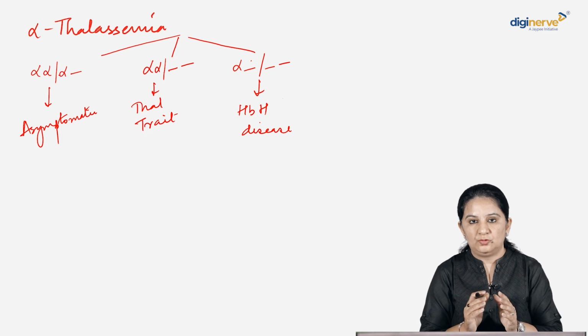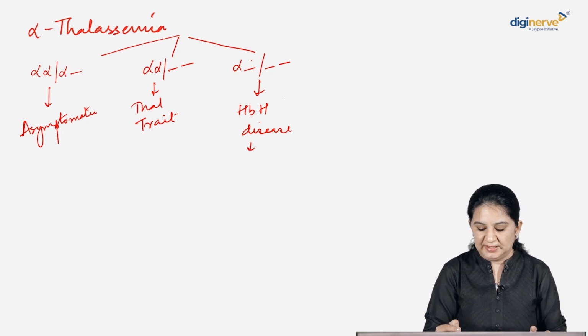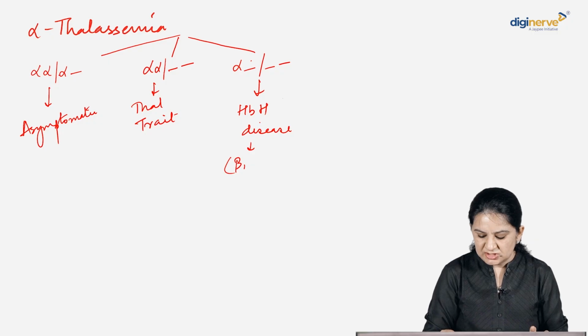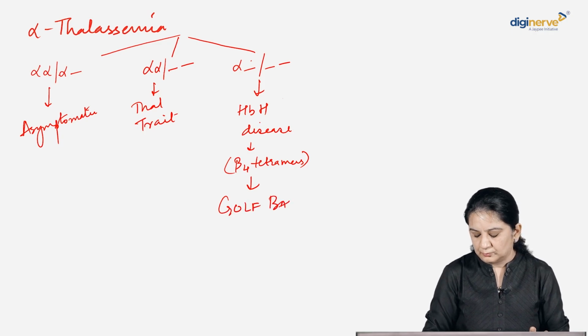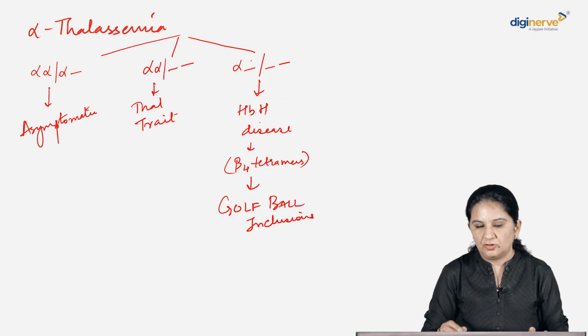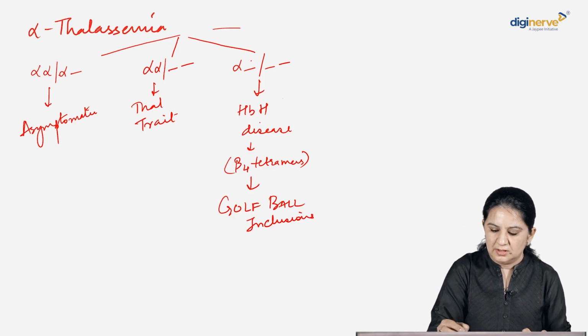That means there will be almost no alpha chains, so there would be excess of beta chains. HbH disease because of beta 4 tetramers. This is also seen as golf ball inclusions in the cell.